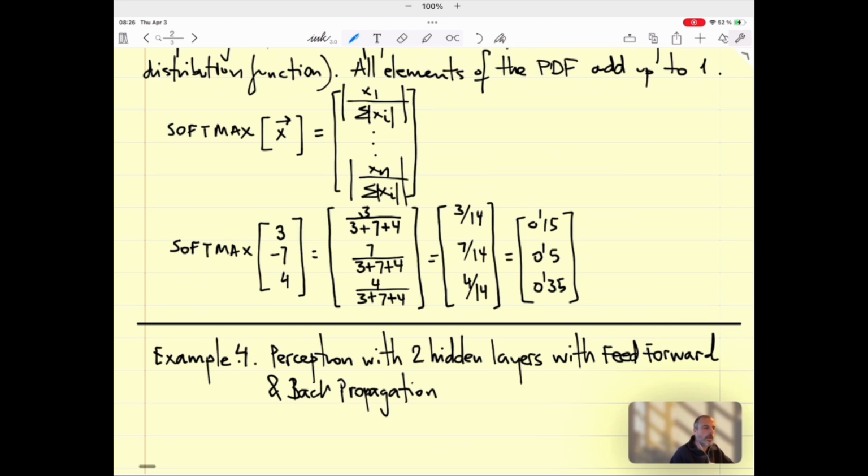Okay, the structure has 3 layers: input, 4 and 2 neurons in the hidden layers, and then a 3-neuron output layer.